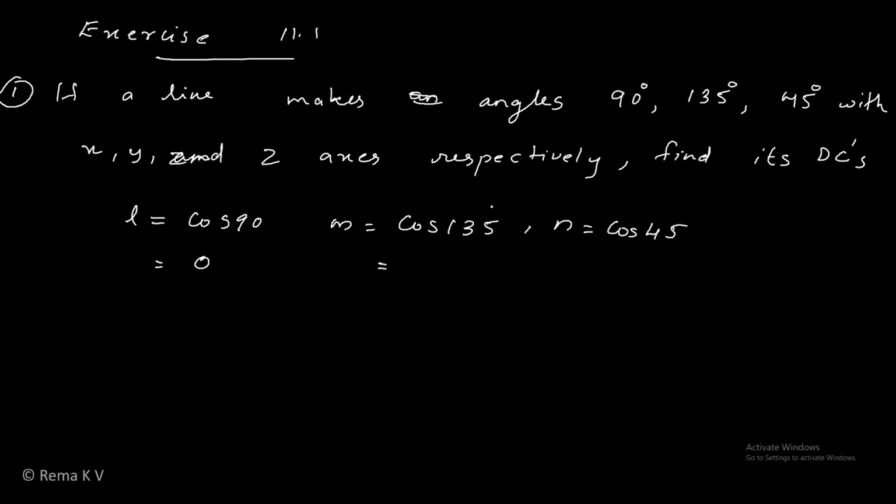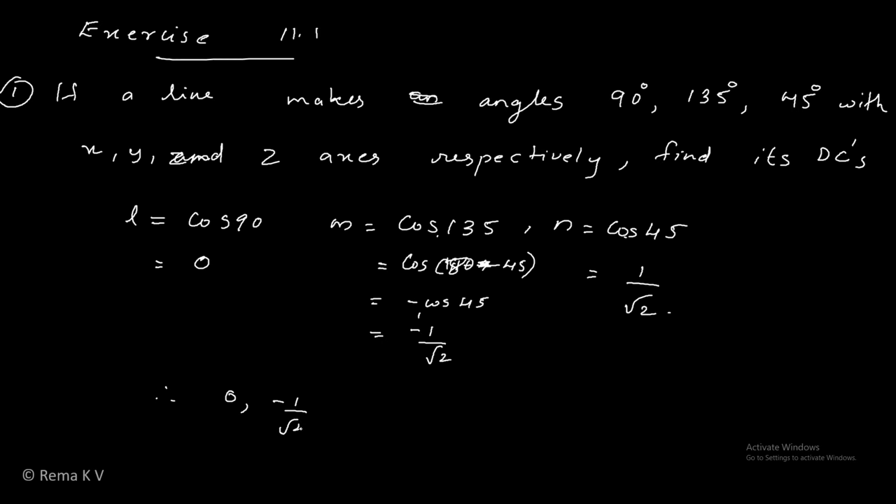This 135 can be written as pi minus 45, or 180 minus 45, which is equal to minus cos 45, and the value is minus 1 by root 2. And N is equal to cos 45, which is equal to 1 by root 2. Therefore, 0, minus 1 by root 2 and 1 by root 2 are the direction cosines.